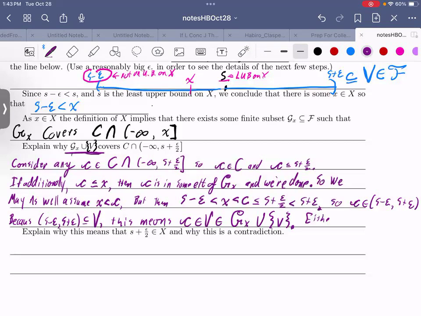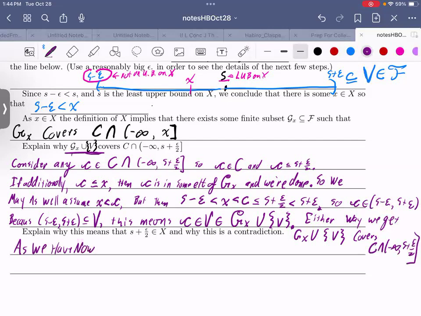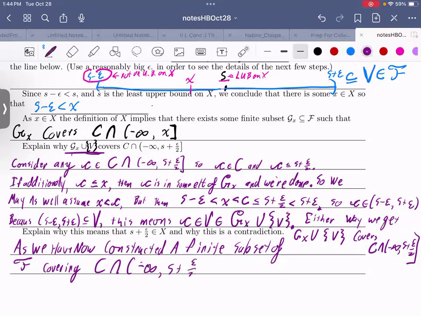Either way, we get G sub X union singleton V covers C intersect negative infinity to S plus epsilon over 2, as we have now constructed a finite subset of MathCal F covering C intersect negative infinity to S plus epsilon over 2.